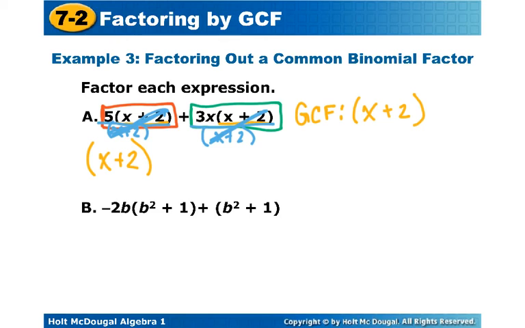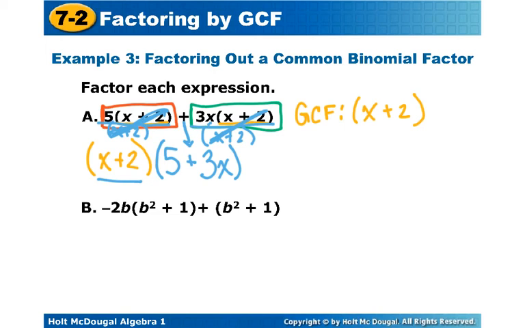And since this factor of x plus 2 was multiplied with the 5, you still need to show the multiplication. So you have 5. You're going to drop this middle sign down, which is addition. And on this side now, all you're left with is 3x. So you would write your 3x, close your parenthesis. So that's going to be the final answer.